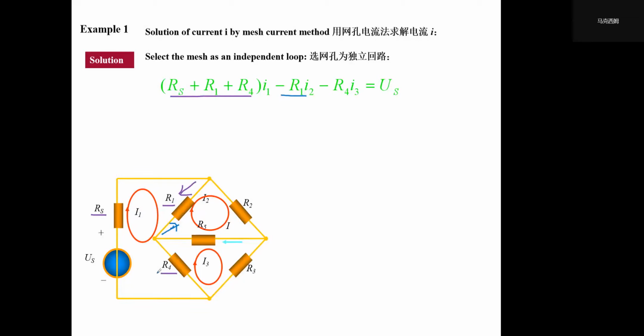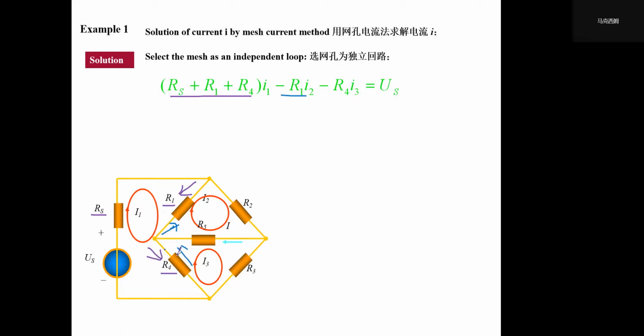For the third loop, you see that I3 goes from this direction to this direction, and I1 goes from this direction to this.